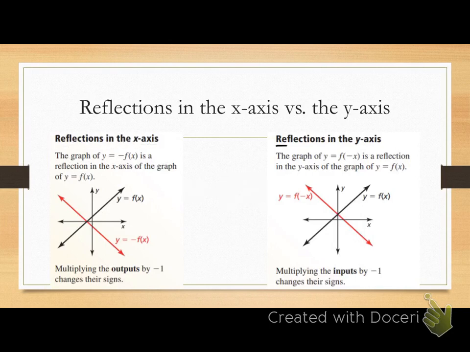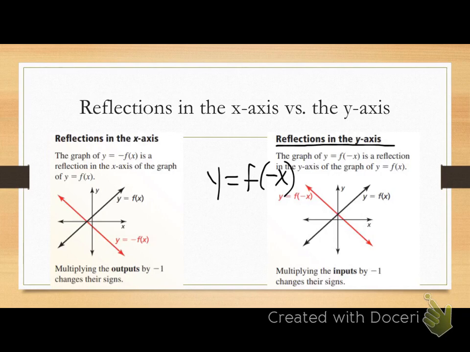Now write reflections in the y-axis on your paper. And then next to it, write y equals f of negative x. So what would I be plugging in for my x value here? -1. Negative x.